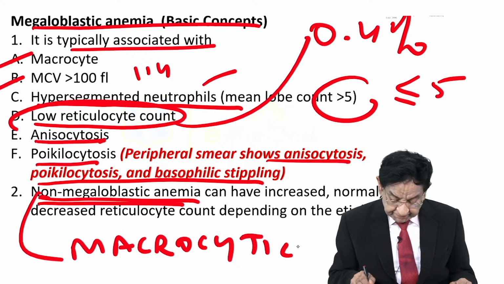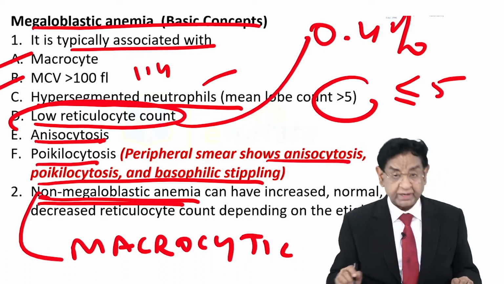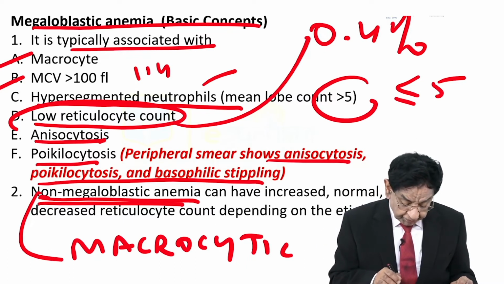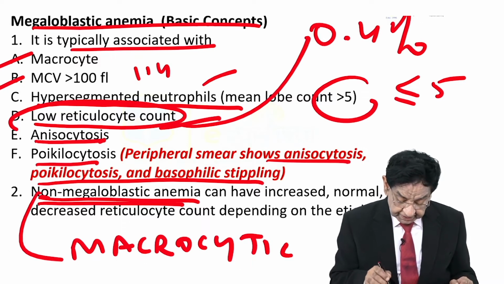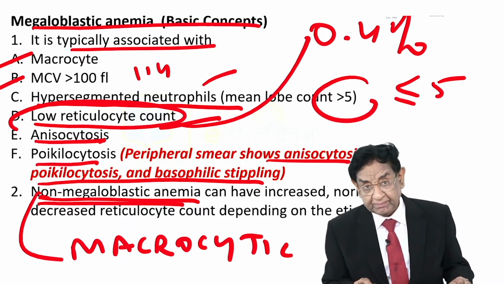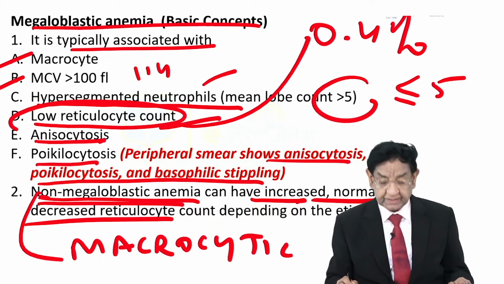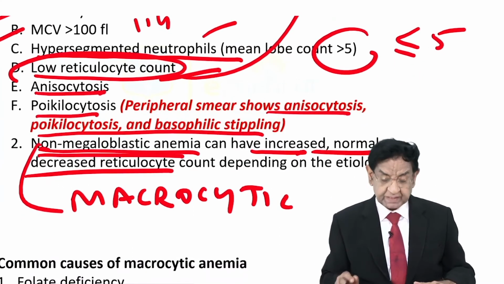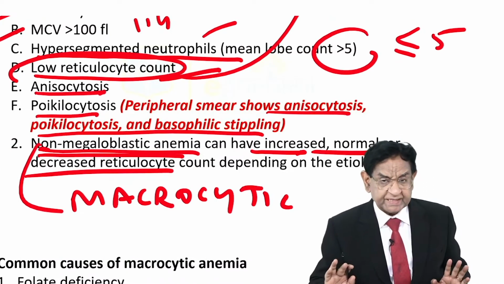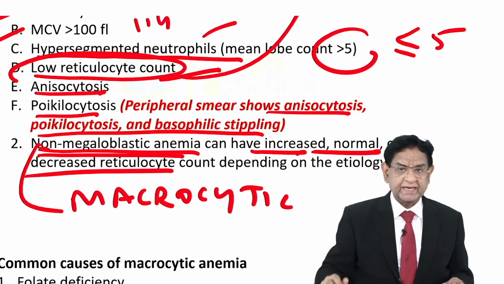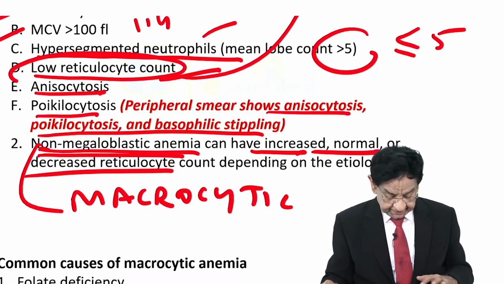So macrocytic anemia can be megaloblastic or non-megaloblastic. In megaloblastic, retic count is always reduced. But in non-megaloblastic, retic count may be increased, normal, or reduced, depending on the etiology. If reticulocyte count is increased with macrocytes, then it is definitely not a megaloblastic anemia.